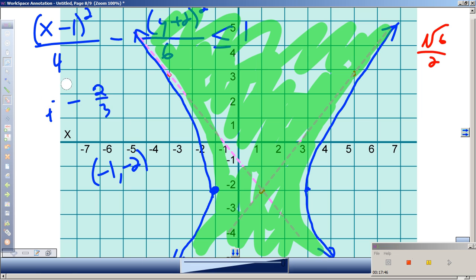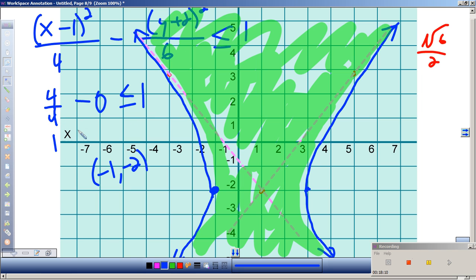What do we get? -1 minus 1 is -2. -2 squared is 4, so 4 over 4 minus, plug in -2, -2 plus 2 is 0. So 1 is less than or equal to 1, which means it has to be in the shaded region. But you can tell that because it's a solid line.